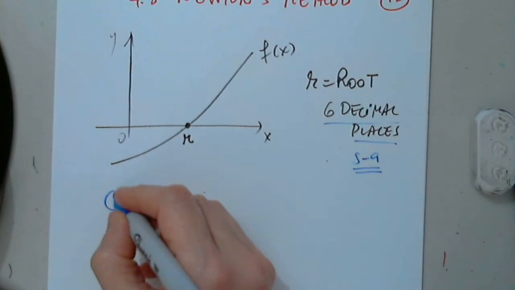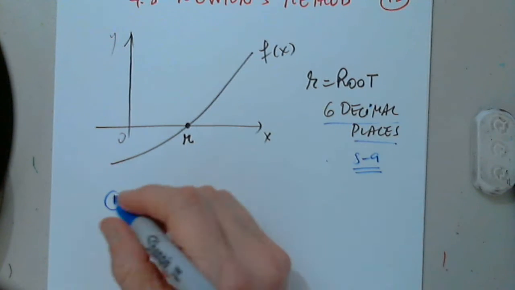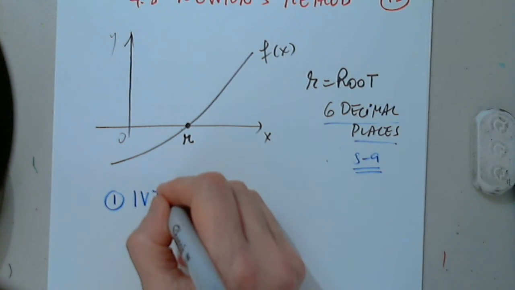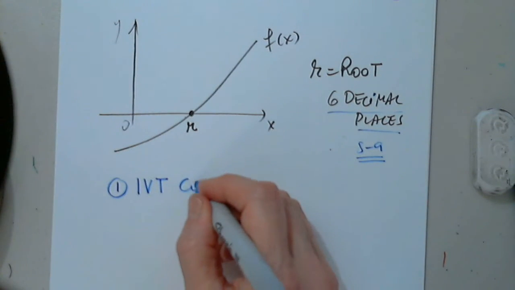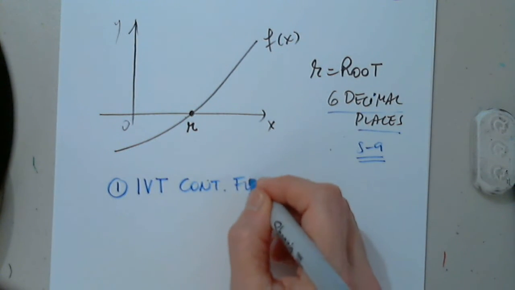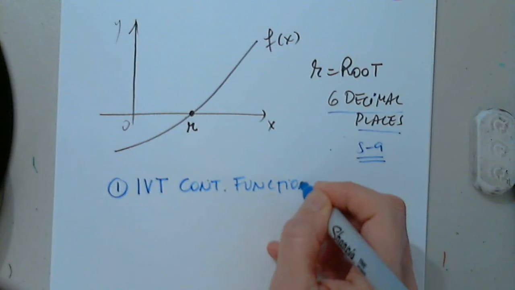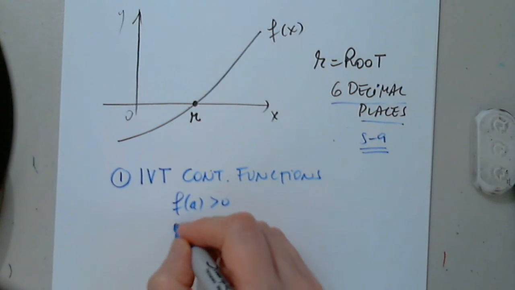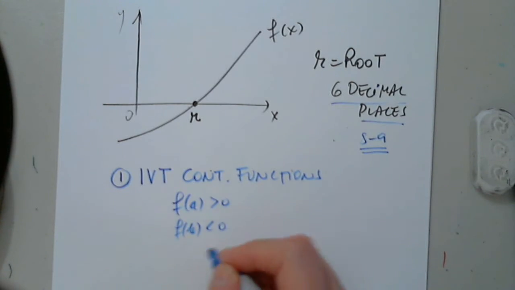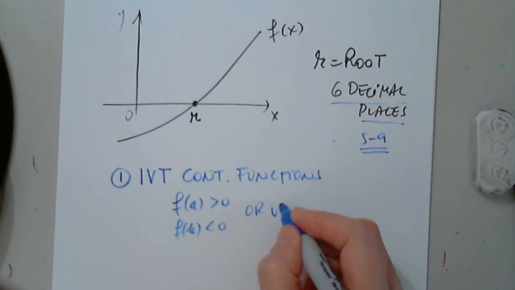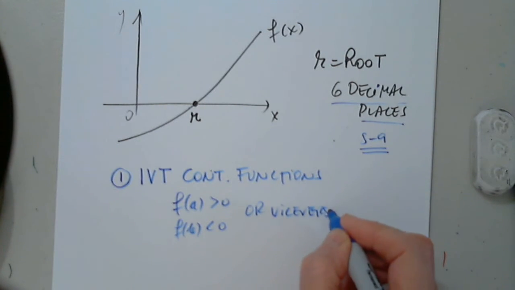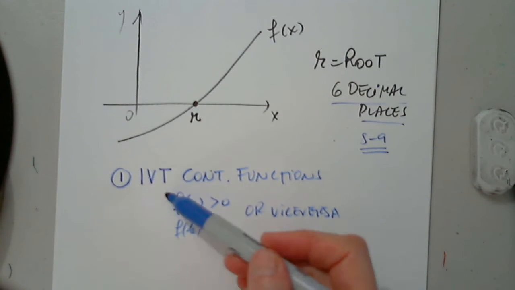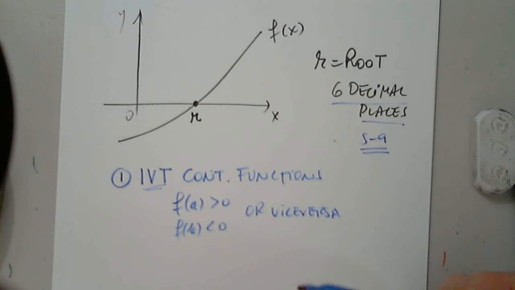First, I have to show, through the intermediate value theorem that we discussed a long time ago for continuous functions, that f of a is positive and f of b is negative, or vice versa. F of a is negative and f of b is positive, so then it's guaranteed that there is a solution.